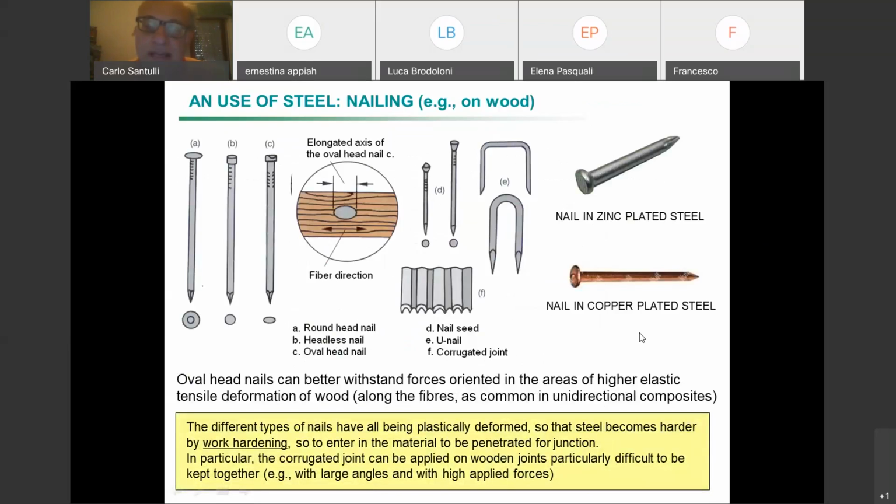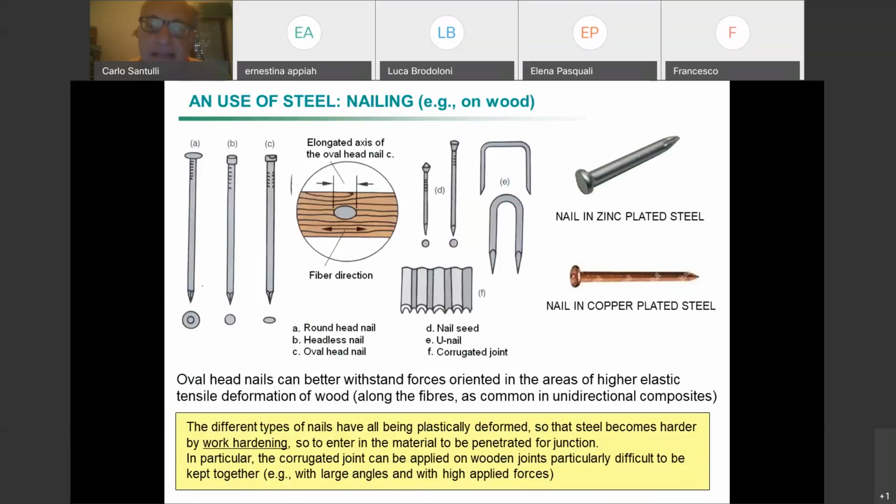We were talking about steel, and we were talking about steel as the material which is the alloy, I would say. As you may remember, steel is an alloy of iron and carbon of up to 2.06% of carbon. Usually there is much less than this, but there are other alloy elements.